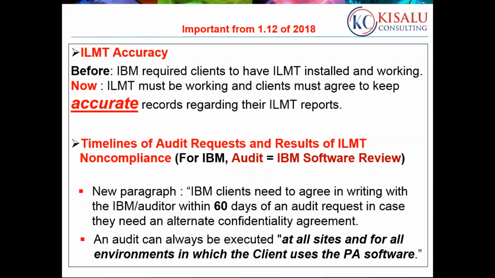IBM talks of IBM software review, which is basically the audit. There is a new paragraph where IBM clients will need to agree in writing that whenever an auditor or IBM requests an audit, the IBM software review should happen within 60 days. So when it is requested, within 60 days they have to start. If there are any confidentiality documents that must be signed or security clearance that will be needed, all of that should happen within the 60 days so that the audit can start.